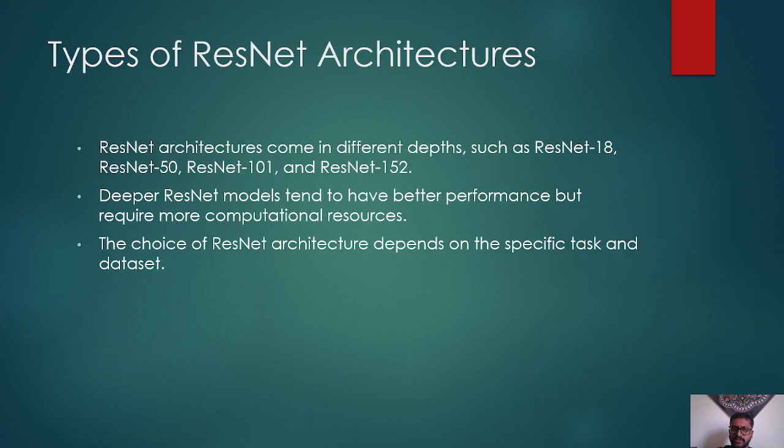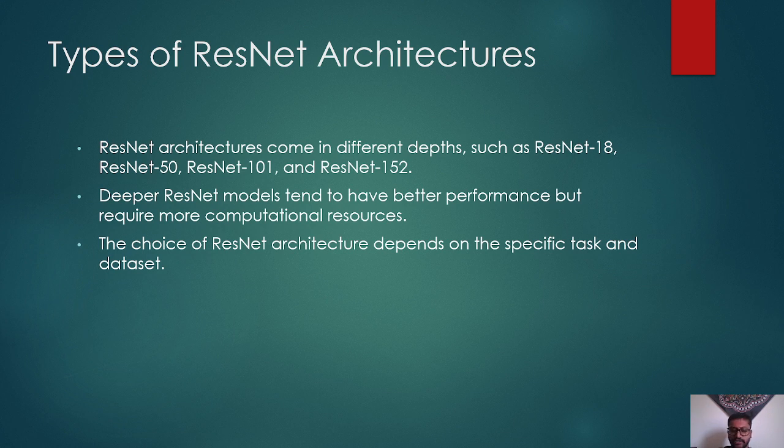Types of ResNet architectures. ResNet architectures come in different depths, such as ResNet 18, 50, 101, and 152. Deeper ResNet models tend to have better performance but require more computational resources. So computational resources are a must in a ResNet architecture.